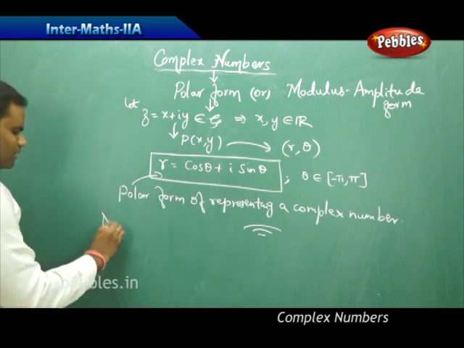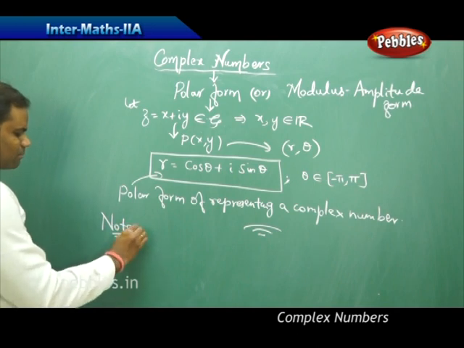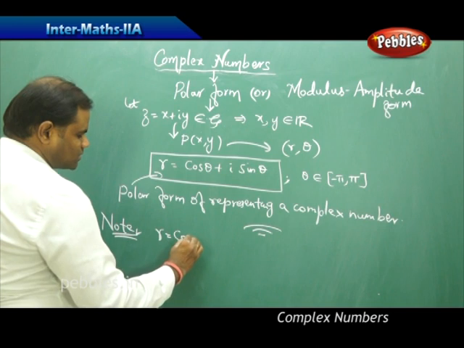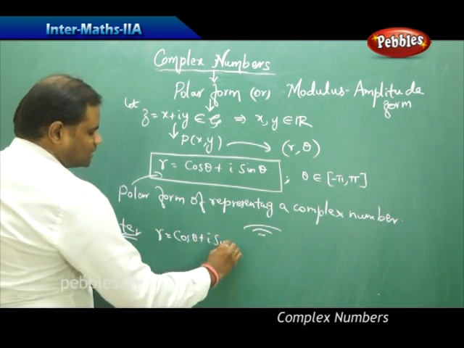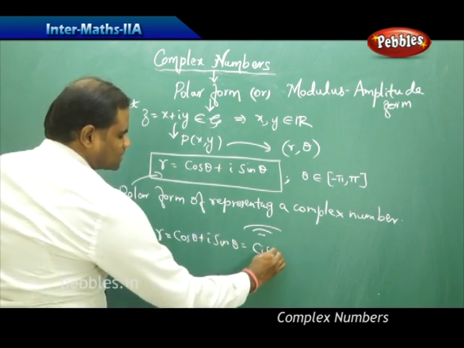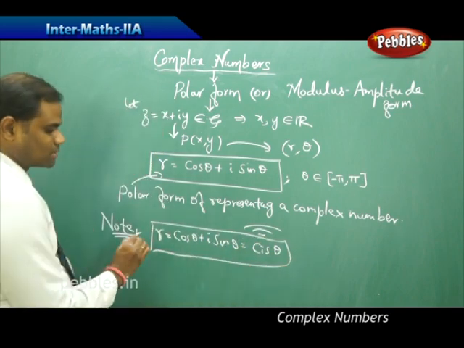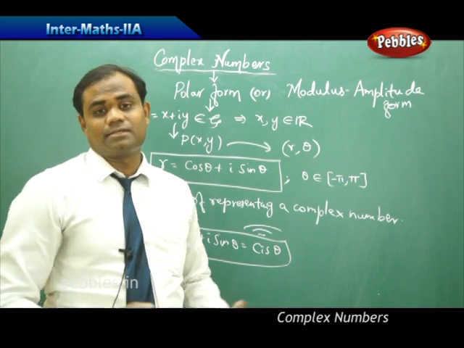Generally we don't write the complete expression, but sometimes cos theta plus i sin theta is written in the short form as cis theta. That is, cis theta implies cos plus i sin, which is directly written as cis theta.